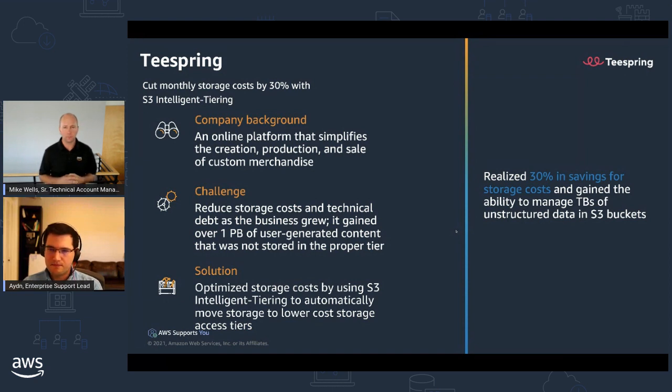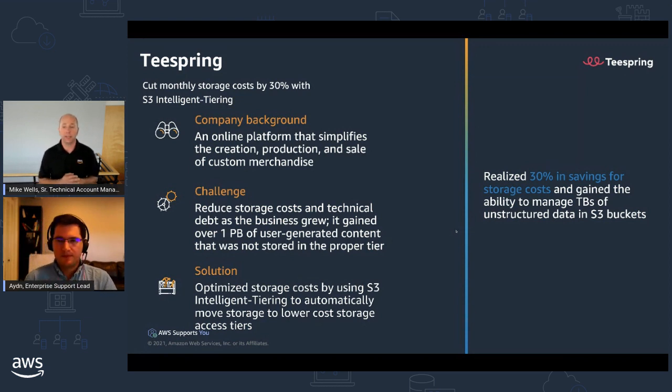And what we did here to solve this problem is we implemented Amazon S3 Intelligent-Tiering and Batch Operations to move billions of objects to lower storage tiers. As Teespring experienced rapid business growth, the company's data also grew exponentially to a petabyte and continued to increase because Teespring's engineers were focused on scaling up the service to handle demand.